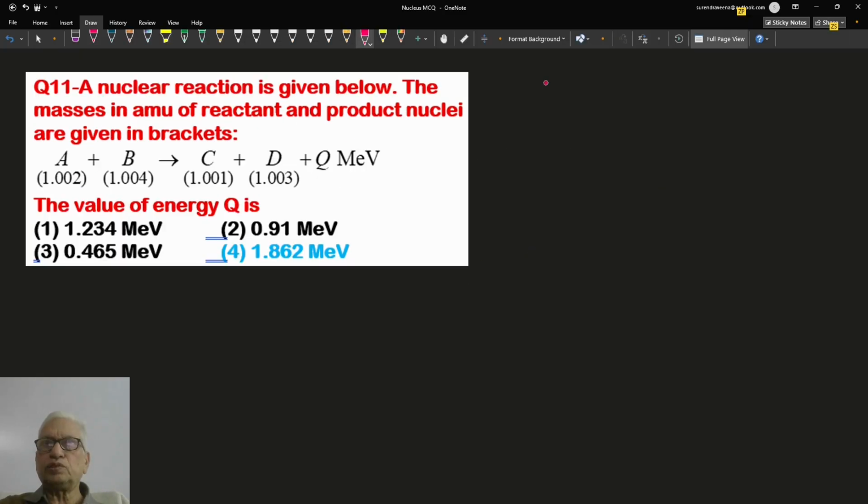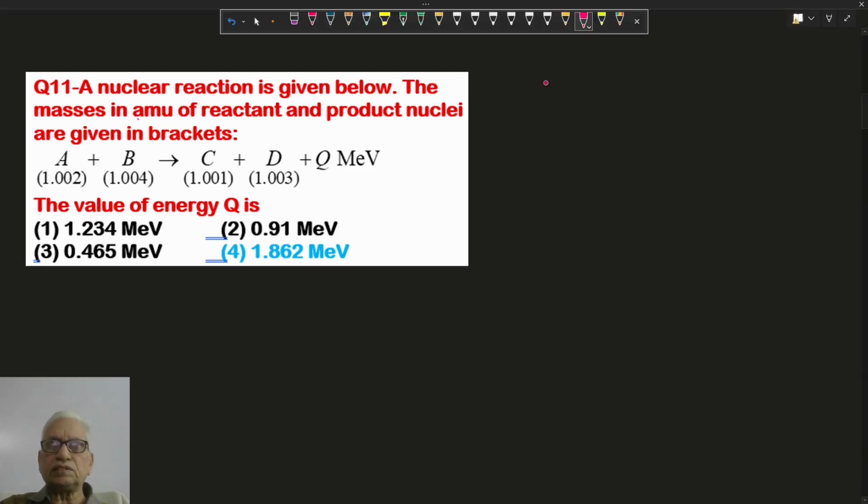Simple question. Hello. In this question, we have to find, in this nuclear reaction, masses are given in AMU, atomic mass unit, of the reactants and the product. So we have to find out the energy Q. We know the binding energy E equals delta M into c square in joules.